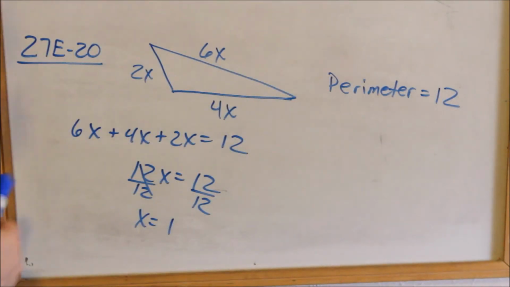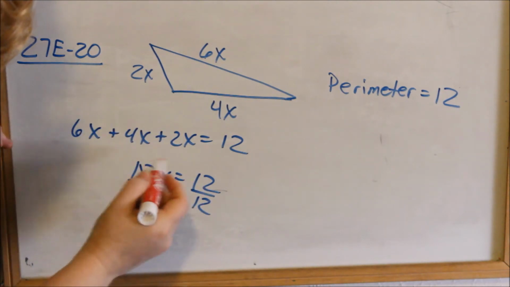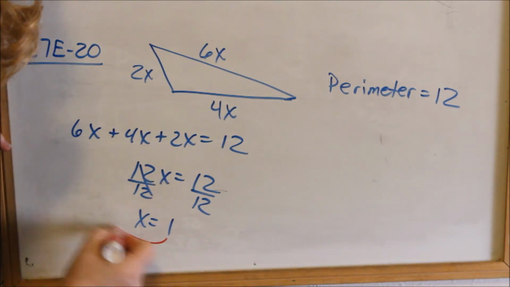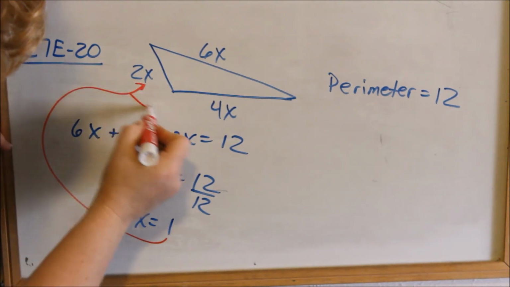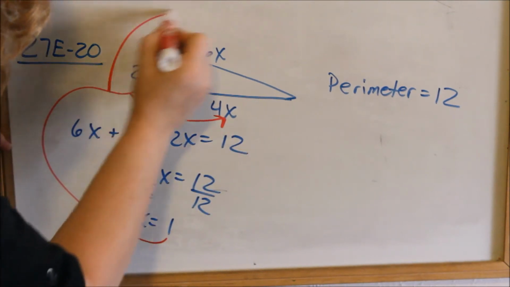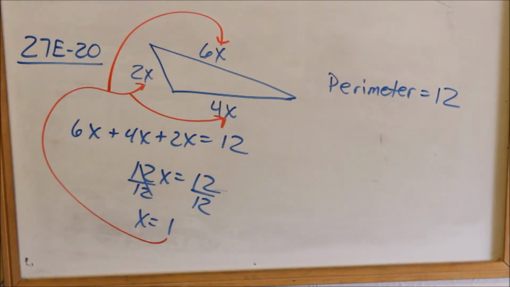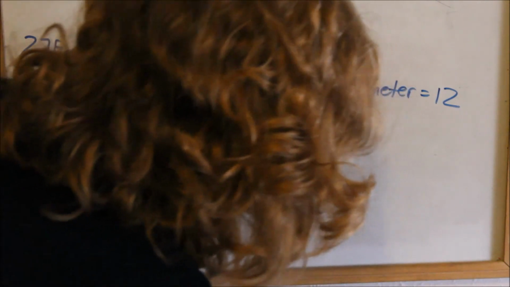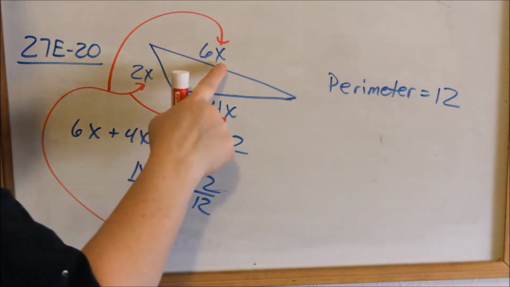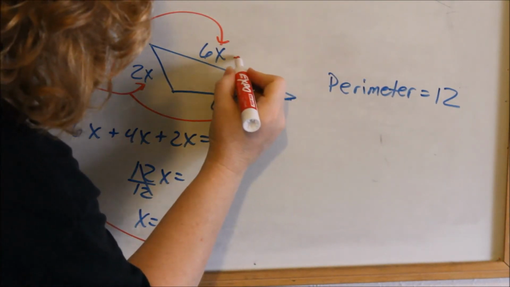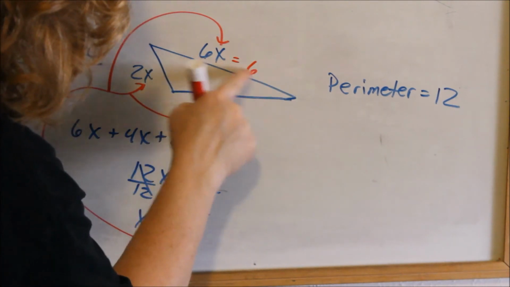Just to prove to you, if I took my 1 and put it back in everywhere I see an x, we're going to prove that our perimeter is 12. If I put a 1 right here, this side is 6, because 6 times 1 is 6.